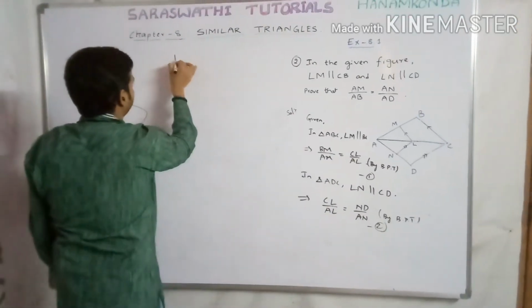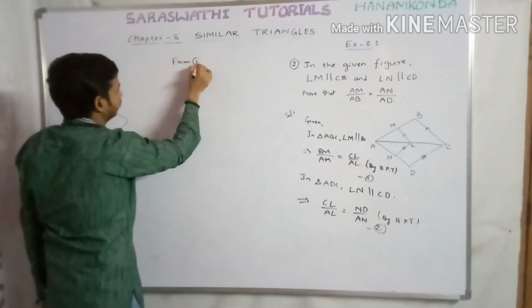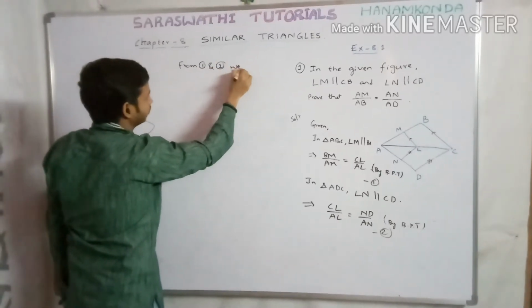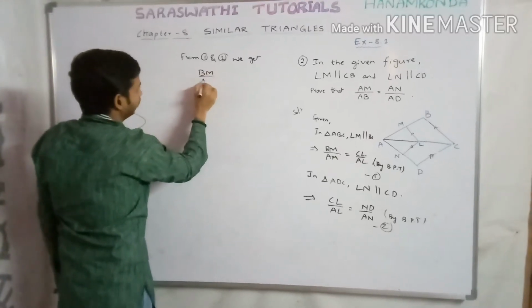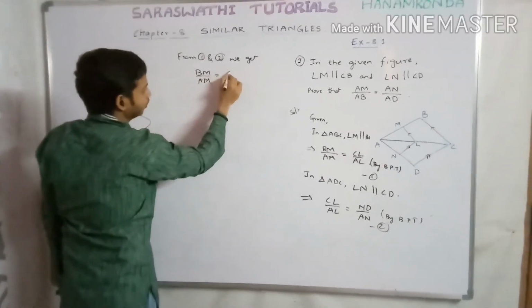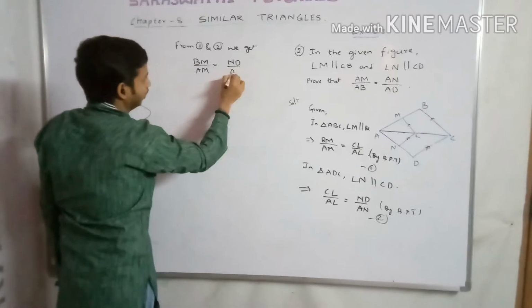So from 1 and 2 we get BM by AM equals ND by AN.